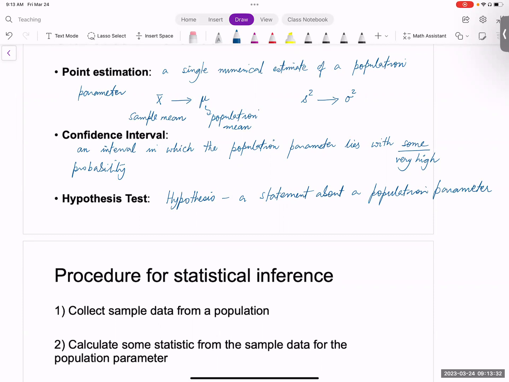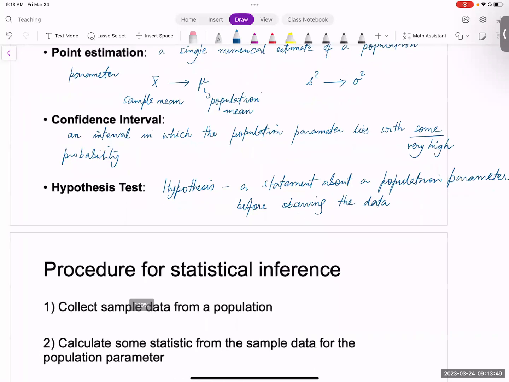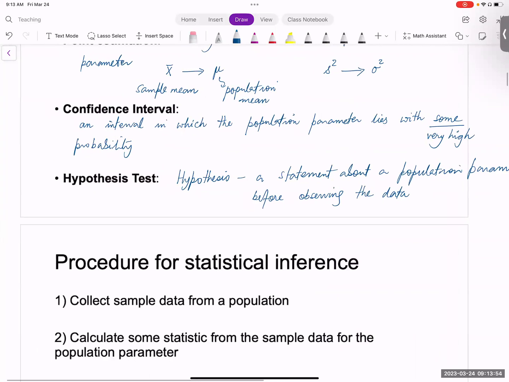Usually, you write a hypothesis about the population parameter before observing the data, okay? And then you use data to verify the hypothesis.